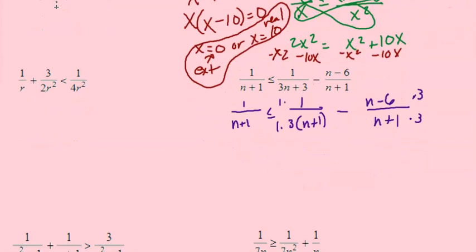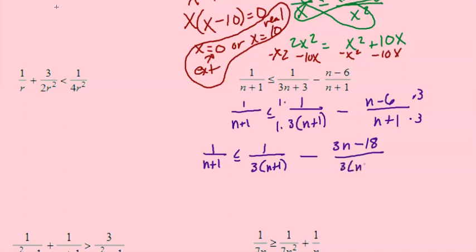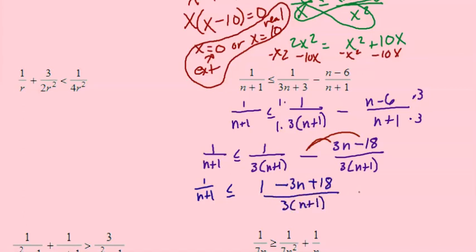Okay, so from there, we have 1 over n plus 1 is less than or equal to 1 over 3 parentheses n plus 1 minus 3n minus 18 all over 3 parentheses n plus 1. Now we want to distribute that negative into each numerator term. So then we have 1 over n plus 1 is less than or equal to 1 minus 3n plus 18 all over 3 parentheses n plus 1.